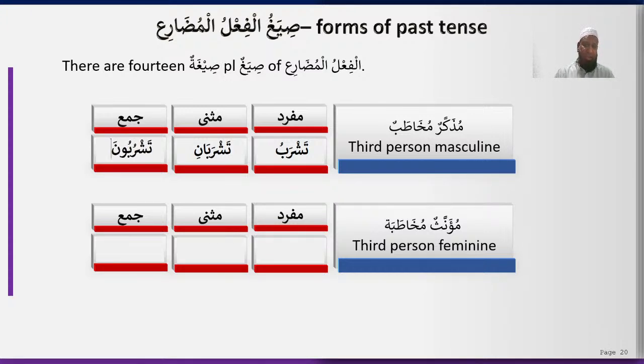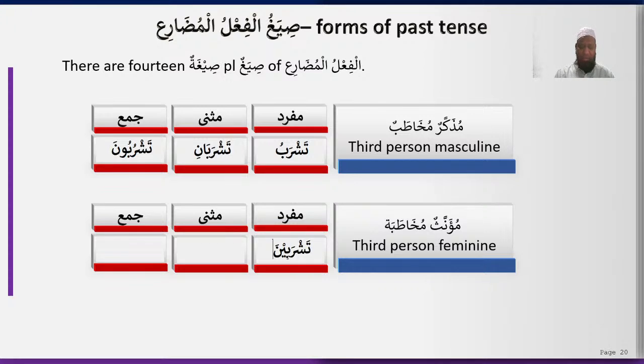Waw is the fa'il and the noon is to show it is marfu case, but the noon that comes for jama is with the fatha. واحد ومفرد مؤنث مخاطبة تشربين.